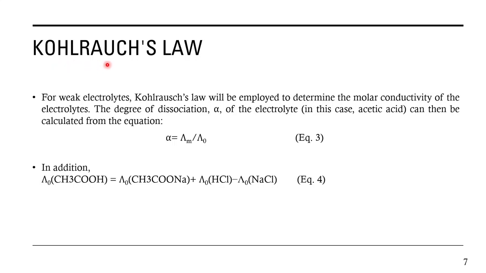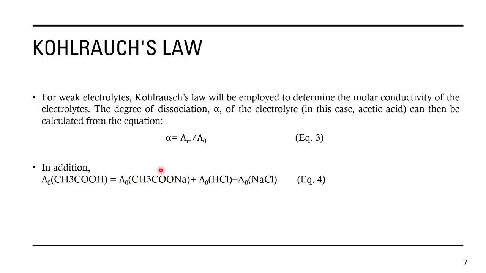You use Kohlrausch's law, I hope I pronounced that right. Kohlrausch's law is to be employed to determine the molar conductivity of this. The degree of dissociation for the electrolyte, in this case acetic acid, can be calculated from the molar conductivity over that at infinite dilution.